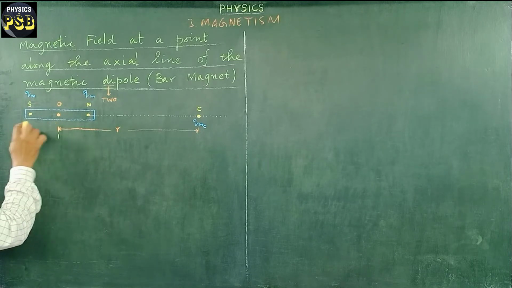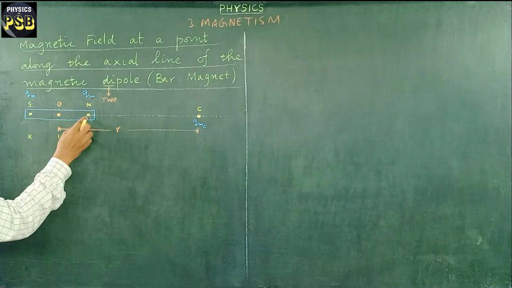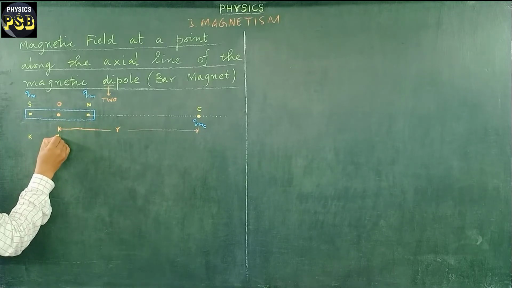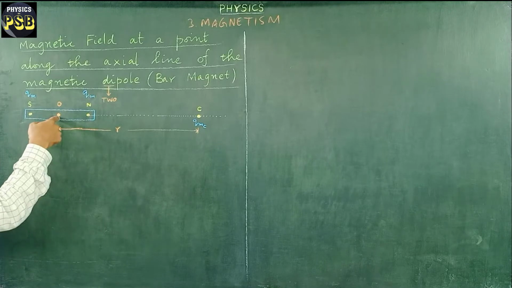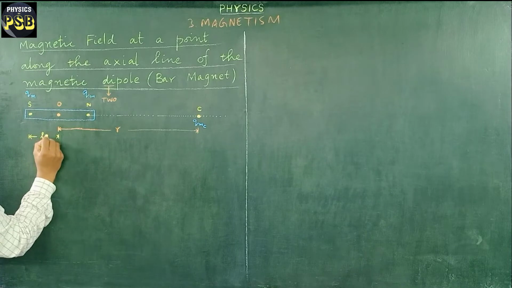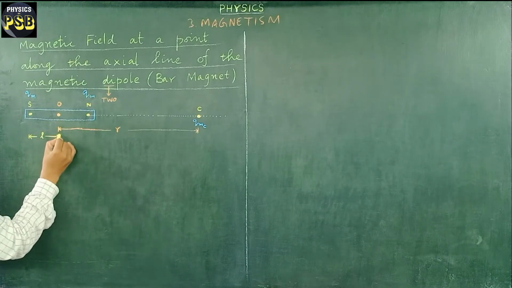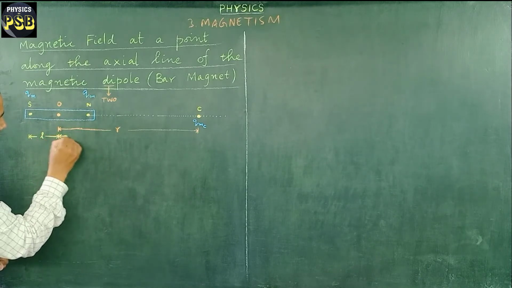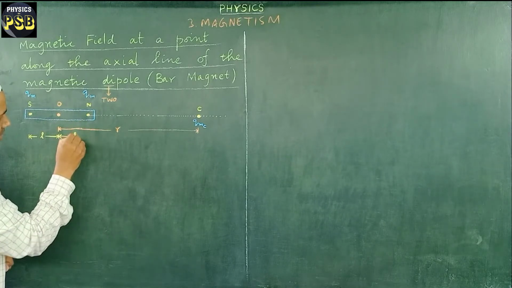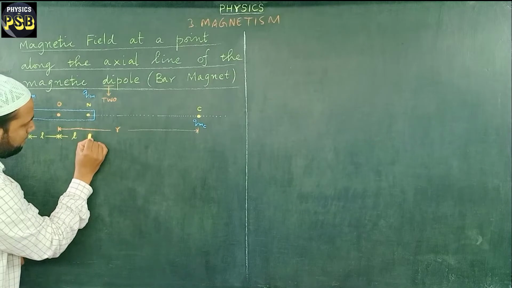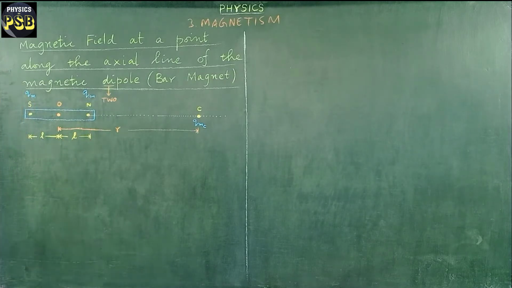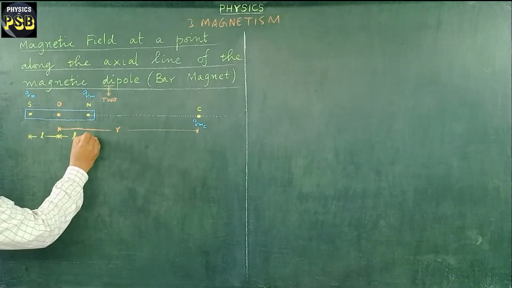So the length between north pole and south pole is 2L, which means the distance between the geometrical center and the south pole will be L. Similarly, the distance between O and N will remain the same, that is L. Got it?